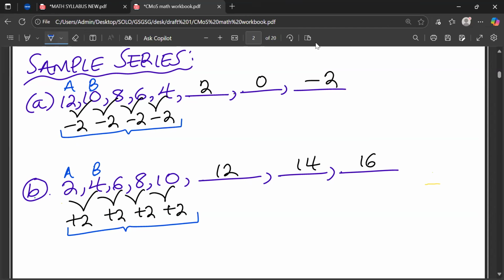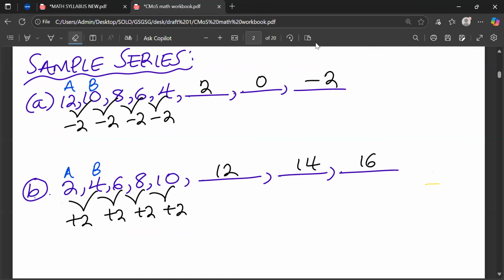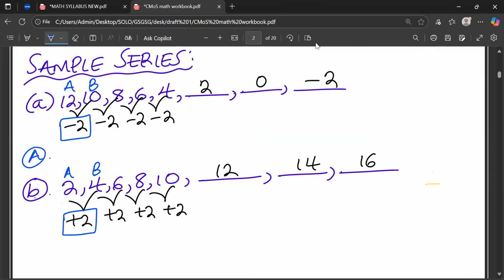But I'm asking something open. We have those two terms A and B. How do we always get this thing? Let me put for you here options A and B. Don't lie, be honest. As you try to find out which term is commonly being added or subtracted, do you always get A and say A minus B?